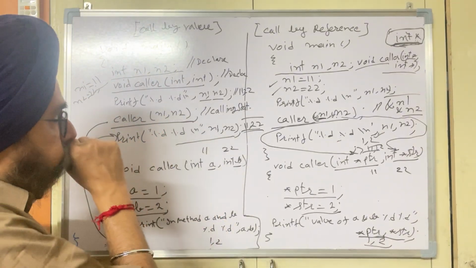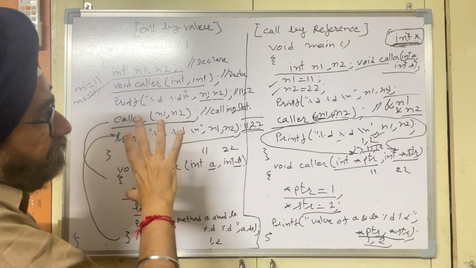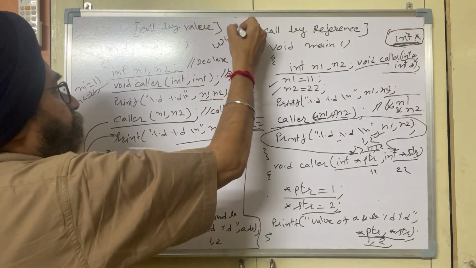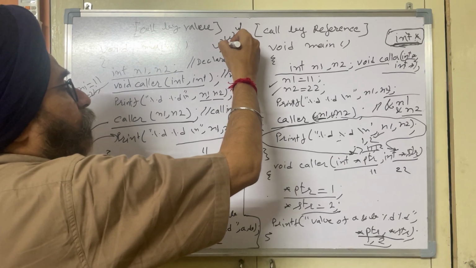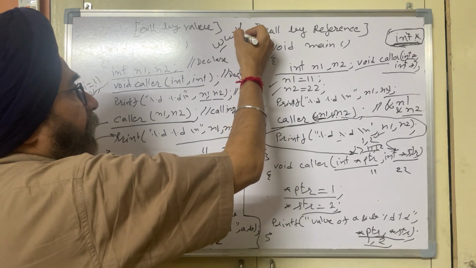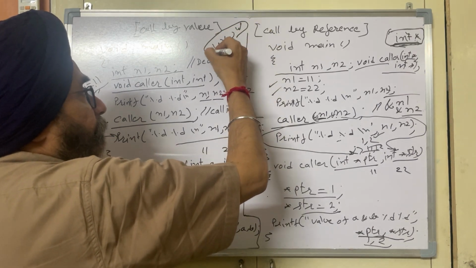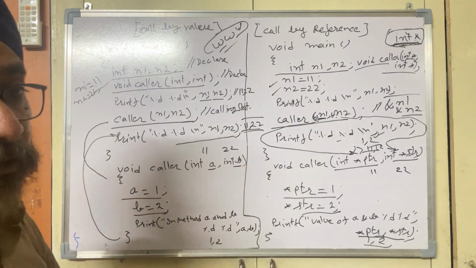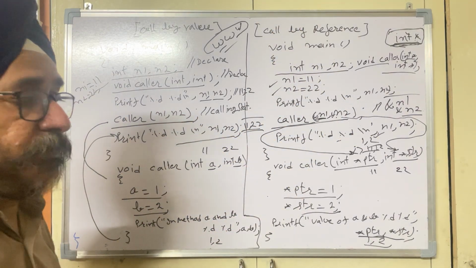What is a variable, what is a pointer, and why we use it and how to implement it. This is a very good example for this approach.